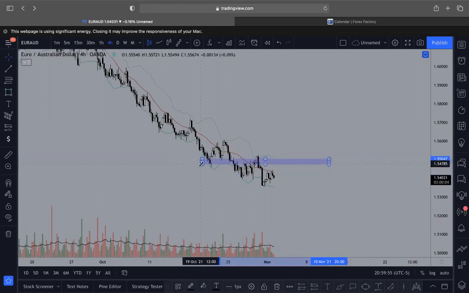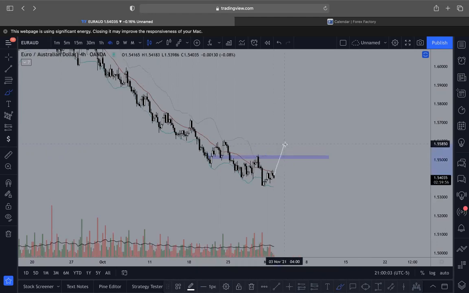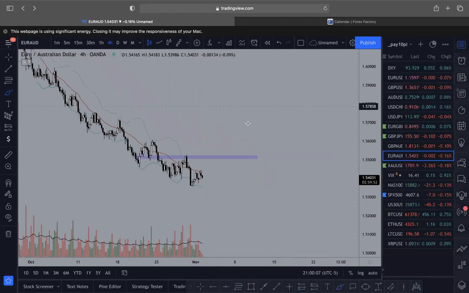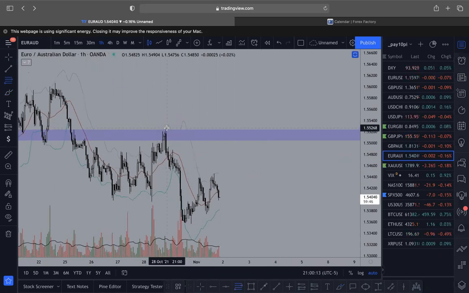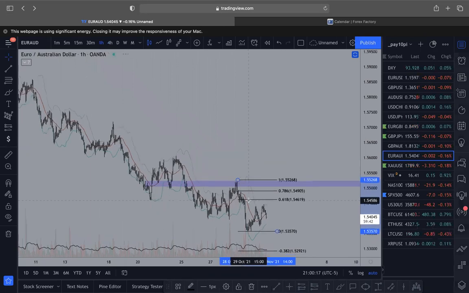I would really have to wait for this swing high to break. And if this could break, then I would look for the next pullback to make another high. But right now, it even looks like this is setting up for a good drop. Like I said, I'm not going to continue to sell it.